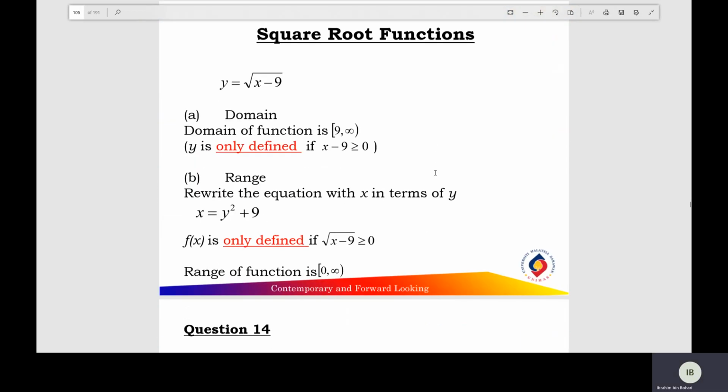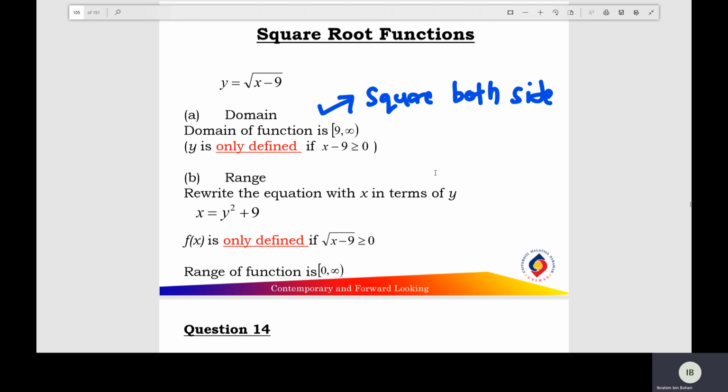Okay, square root function, domain of the function when y equals the square root of x minus 9. So the domain of the function is 9 to positive infinity. The method here is using the square root inequality.